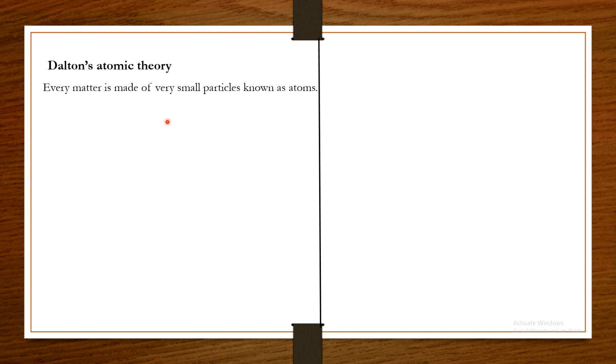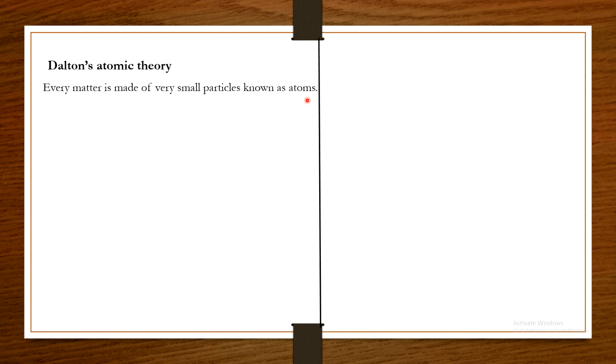And John Dalton stated that he discovered that every matter is made from very small particles known as atoms. These atoms are the smallest particles.